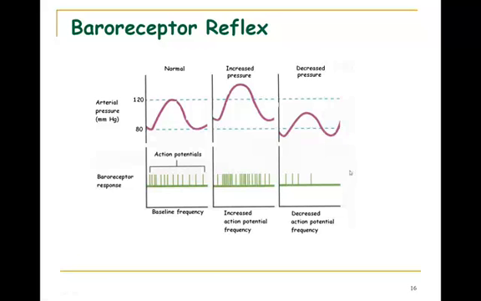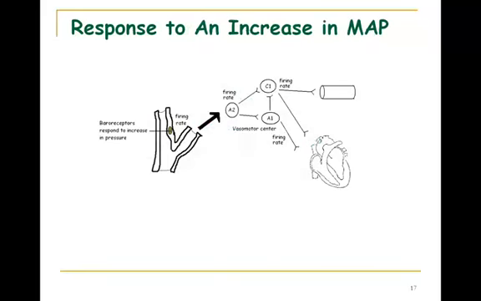So let's go through a particular example of what could happen if your blood pressure changes, either increases or decreases. The first example is that something happened to cause your mean arterial pressure to increase acutely or rapidly.